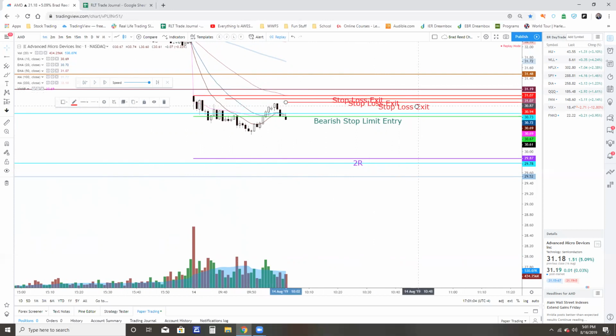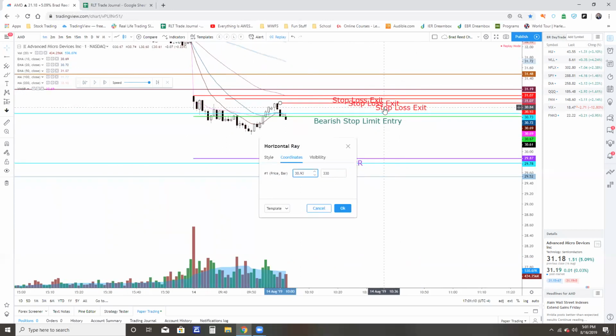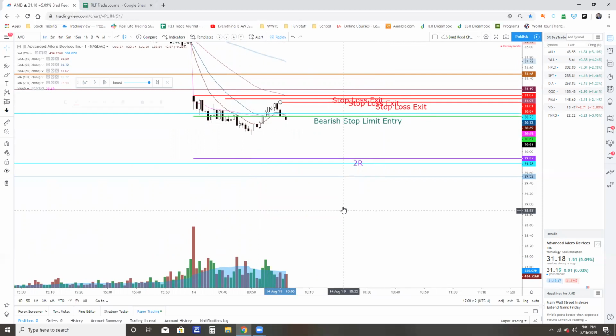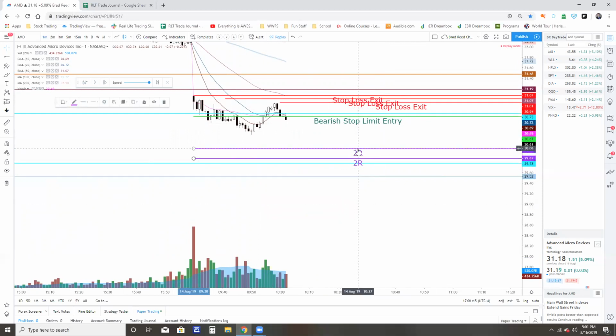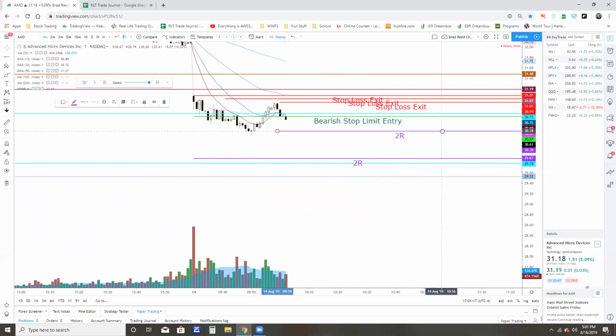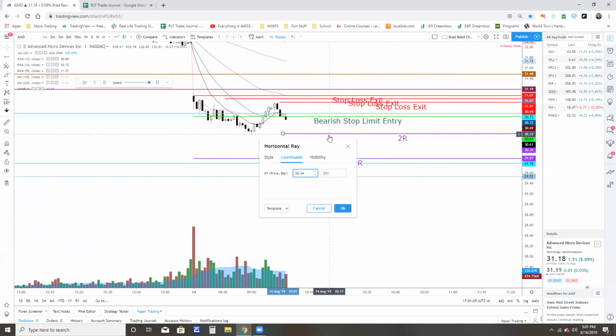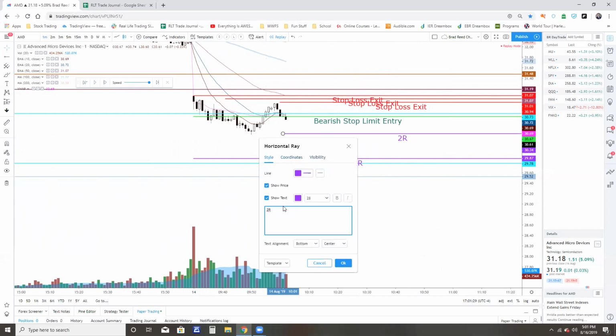So I probably clicked maybe 1 or 2 candles more than I needed to, but 30.94 is where my stop is now. I'm also going to take at least a little bit right in here, 2 pennies off the low of that candle, just in case it bounces off of this support here that it just showed me was at 30.32.